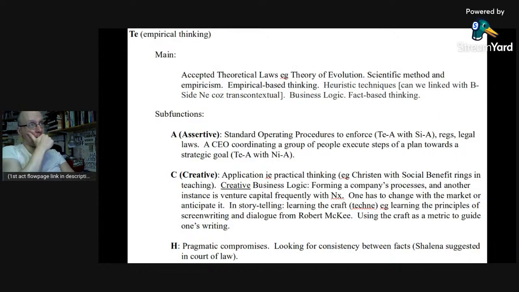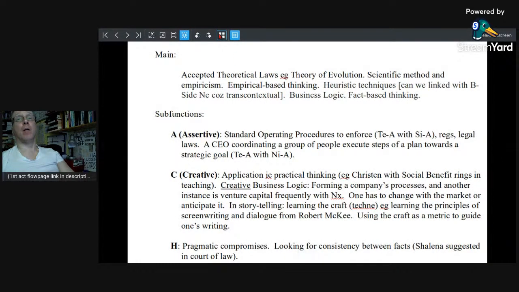Now, I'd imagine that this particular kind of TE, this creative TE, is going to get drawn on a lot by ENTP. With that NE, I think the NE will draw a lot on that creative subfunction of TE. This more assertive kind of TE will be drawn on more by ESTJ and ENTJ because they're more of an assertive type.